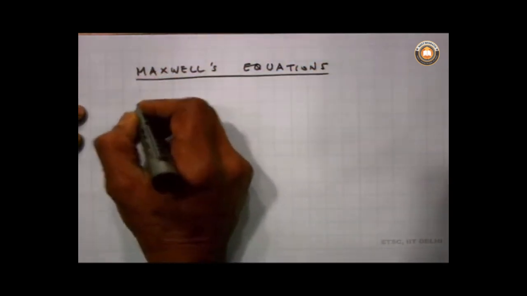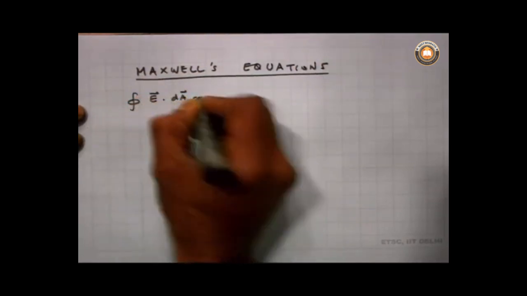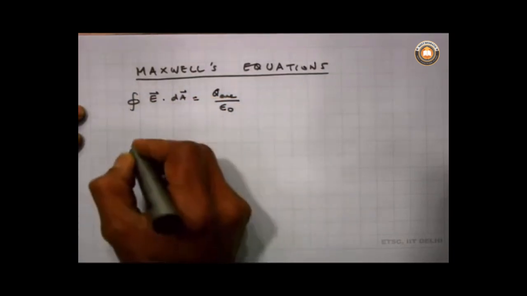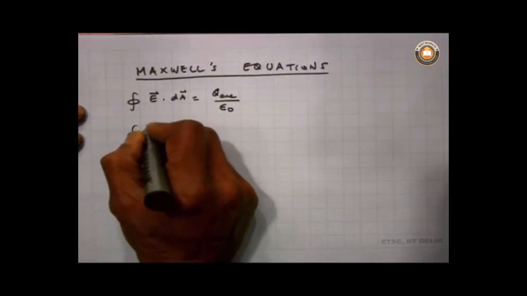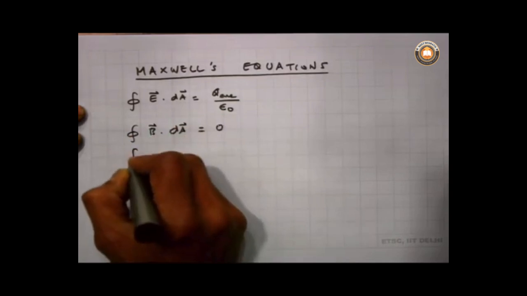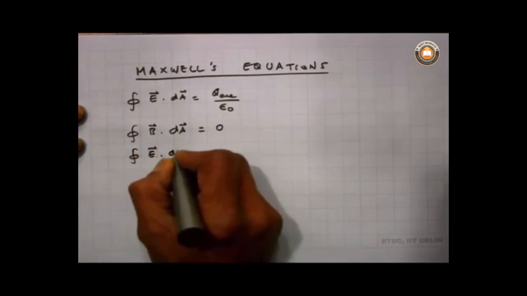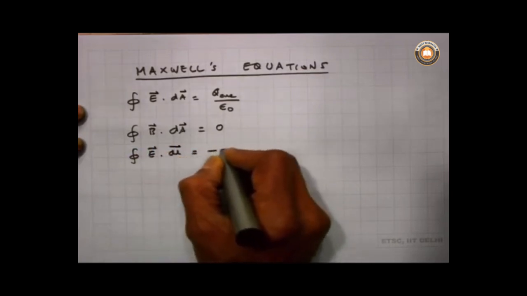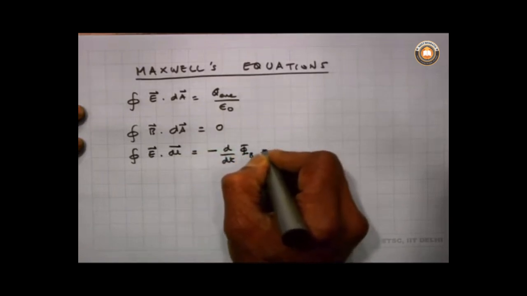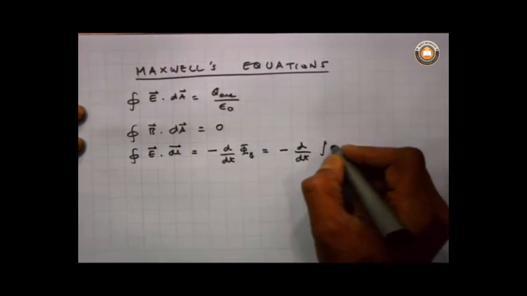The first of these equations is integral E dot dA equals the charge enclosed divided by epsilon 0. Integral B dot dA is equal to 0. Integral E dot dL is equal to minus d by dt of phi B, which is equal to minus d by dt of integral B dot dA.